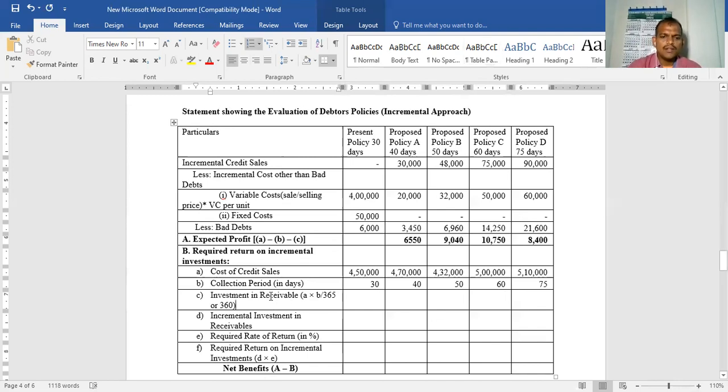Investment in receivables, A into B: 4,50,000 into 30 by 360, 37,500.